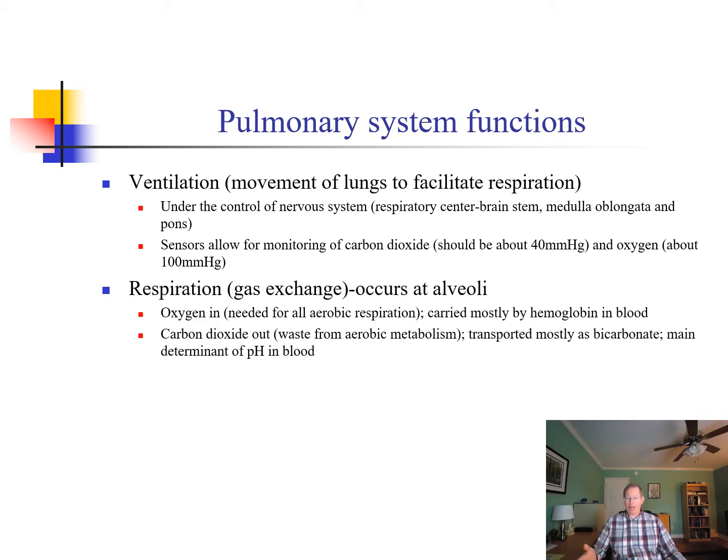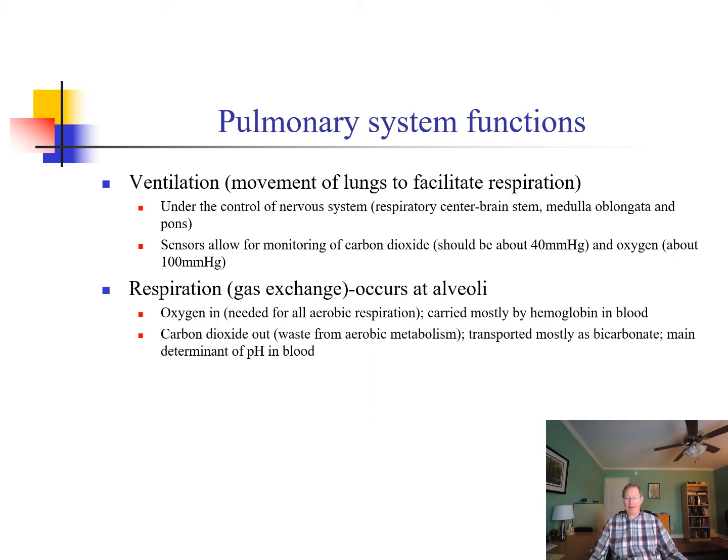And then carbon dioxide, a waste product from that aerobic metabolism, is going to be transported and exchanged out in the lungs and then expired. This is mostly transported in the blood as bicarbonate, and it is the main determinant of the pH in blood. And we'll talk a bit about that also.